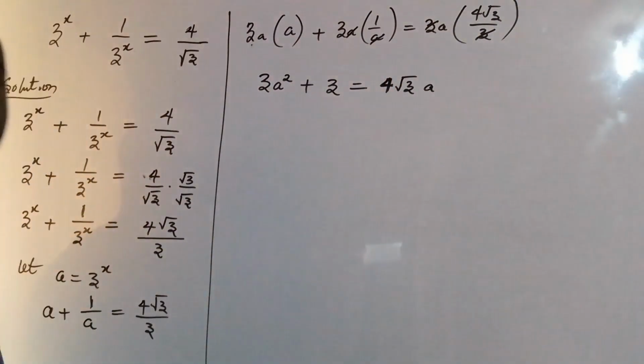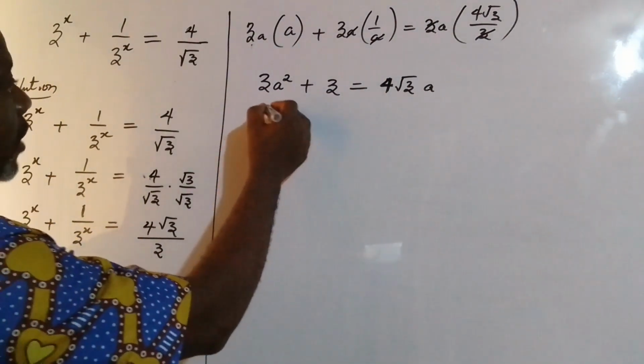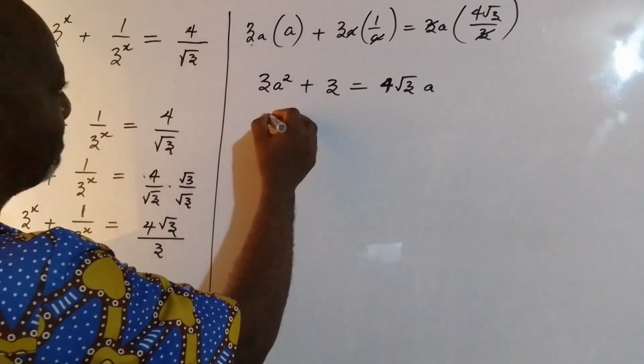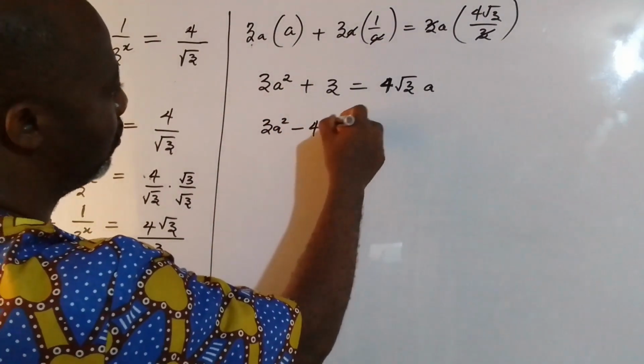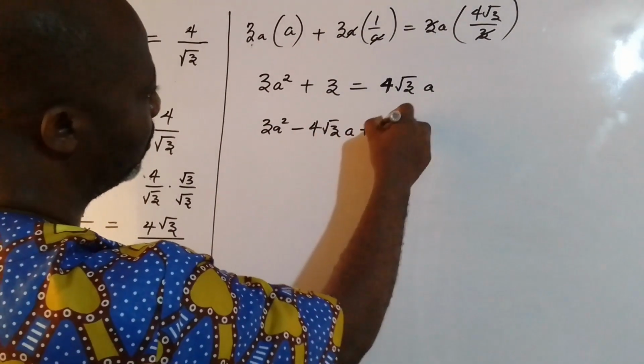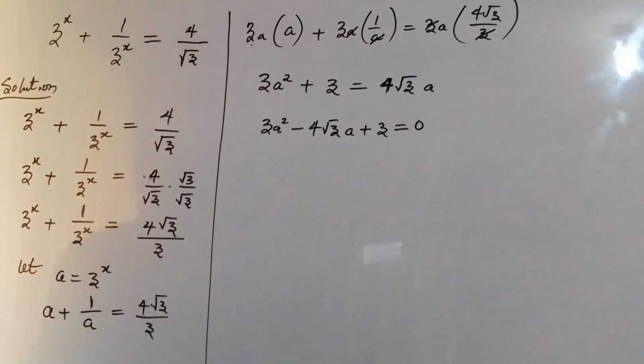So let's write this in quadratic form, and this will give me 3a squared minus 4 root 3a plus 3 equal to 0.